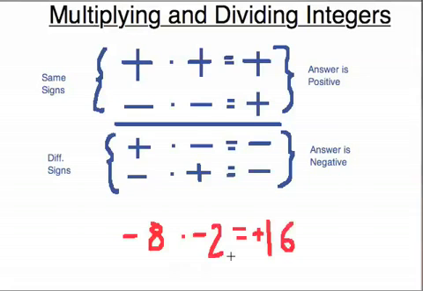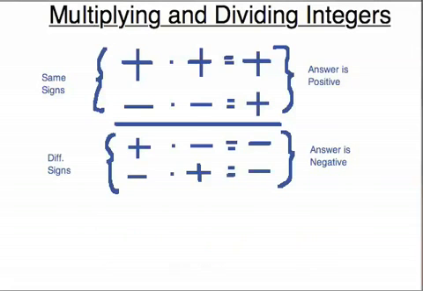Now let's try doing just a few division problems and then we'll be done. Let's start with positive 36 divided by negative 6. And I'll put that in parentheses.